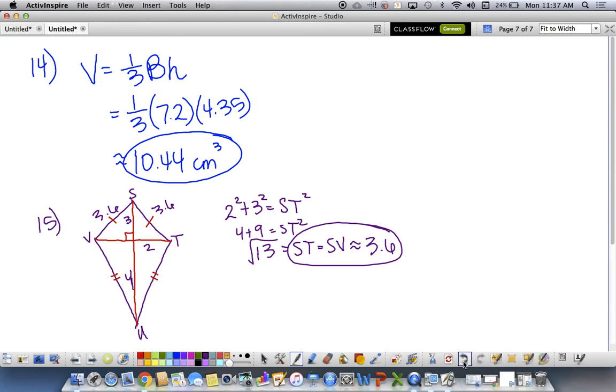Yep, I'm going to do the Pythagorean theorem again. So here we go. I'm going to change colors. So we know 2 squared plus 4 squared equals TU squared. So 2 squared is 4, 4 squared is 16, equals TU squared. This is 20. So the square root of 20 is T to U and V to U. And that's approximately 4.5.